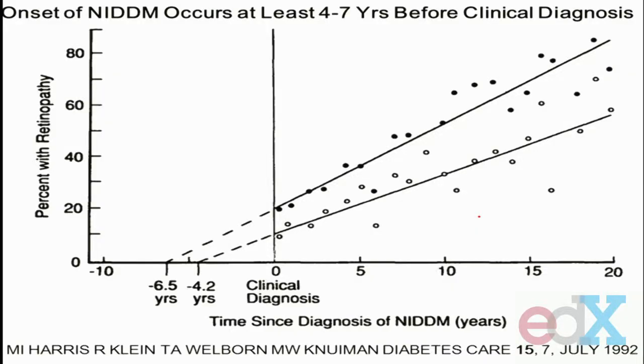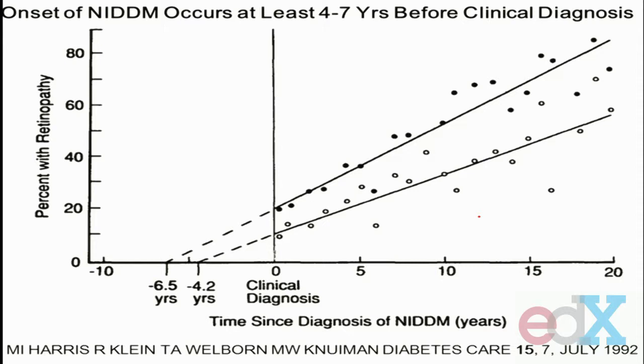So here's an example. What they did with this article is they looked at people who have been diagnosed with what they used to call type 2 diabetes, the NIDDM, non-insulin dependent diabetes mellitus. This study was actually done in 2 countries, in Australia and in the US.